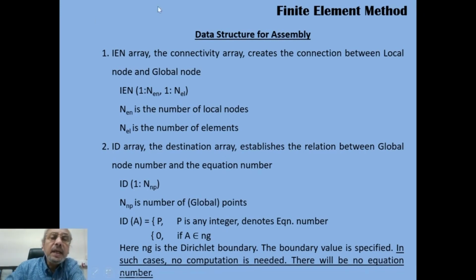See, IEN is an array which is a connectivity array, creates a connection between local node and global node. So IEN will be written in this way: IEN(1:NEN, 1:NEL), where NEN is the number of local nodes and NEL is the number of elements.